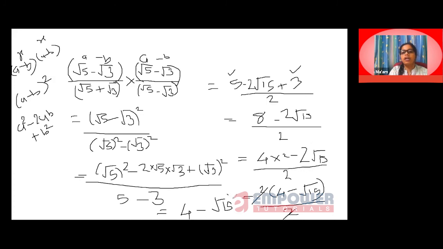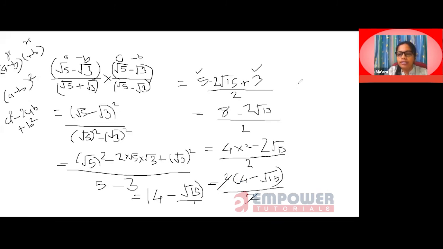So this is how. Now you have 1 in the denominator. When you don't have anything in the denominator, that means there is 1 in the denominator, which is a rational number. So you have rationalized your denominator. So this is how you have to solve this type of problem. If you are done with this one, solve this one: root 2 plus root 3 upon root 2 minus root 3.